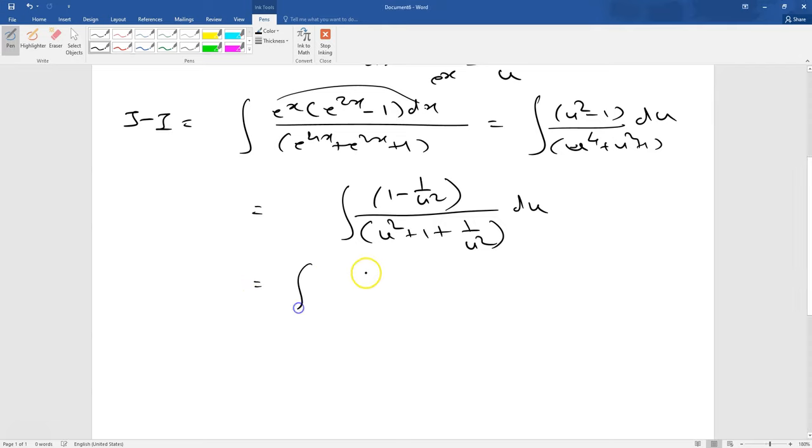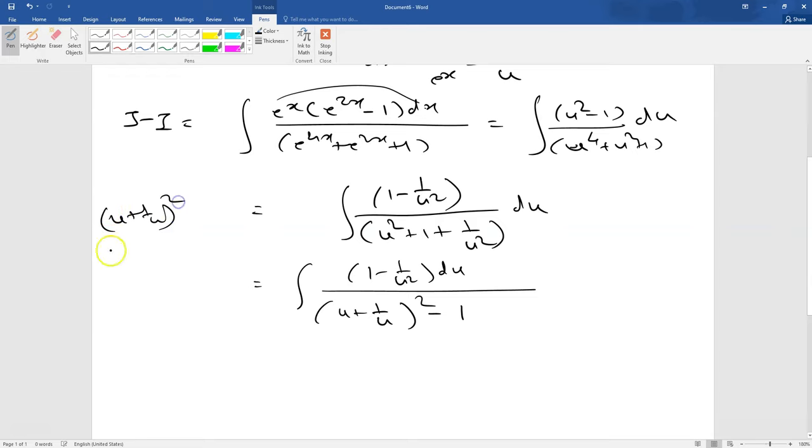See, you can write it like this, 1 upon u square du, and then this can be u plus 1 upon u square minus 1. Okay, now see, if you look at u plus 1 upon u squared, it will be u square plus 1 upon u square plus 2. But we want plus 1 only, so that's why we need to minus 1. Right? That's why minus 1.